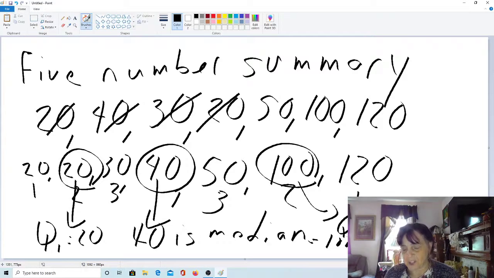So the 5-number summary is Q1 is 20, median is 40, Q3 is 100, and then the lowest number is 20, and the highest number is 120.